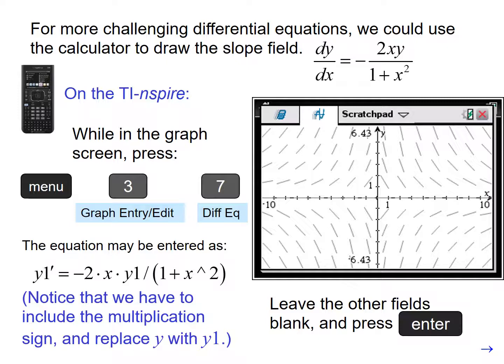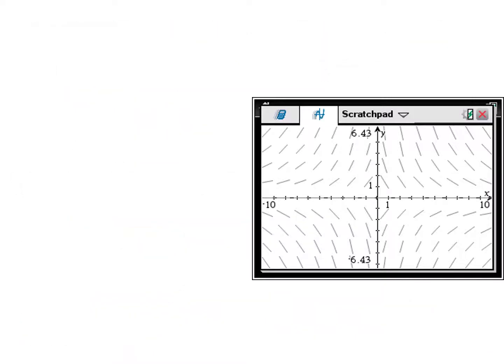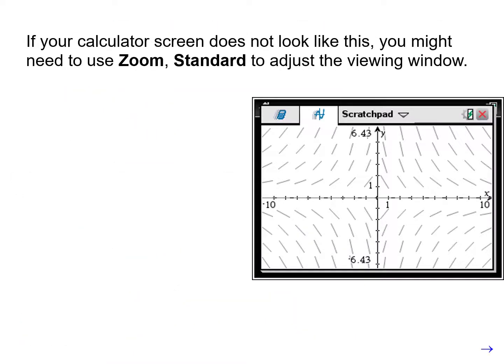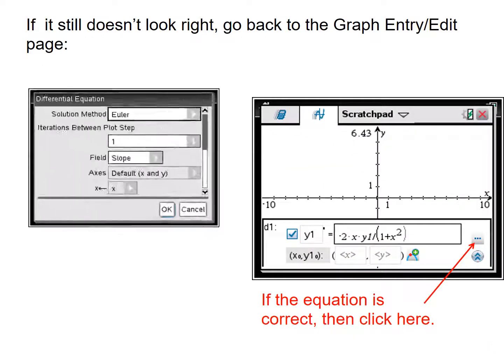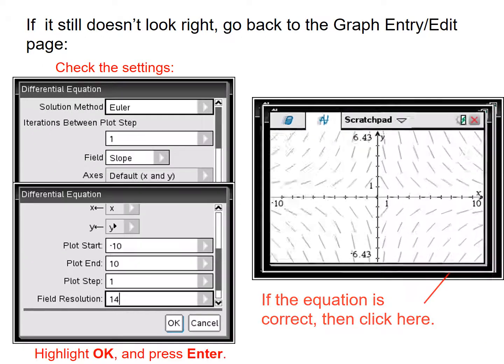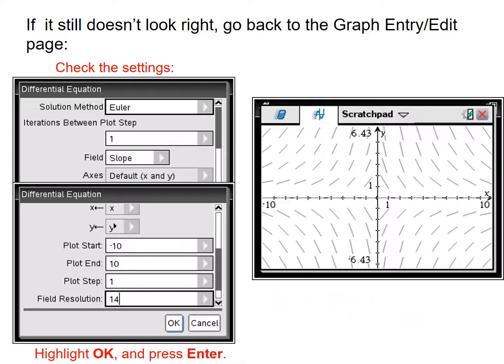This has produced the graph of a slope field. So looking at this slope field, if you were to choose some point on there, you can visualize by taking a smooth curve following those slopes what that curve would look like.